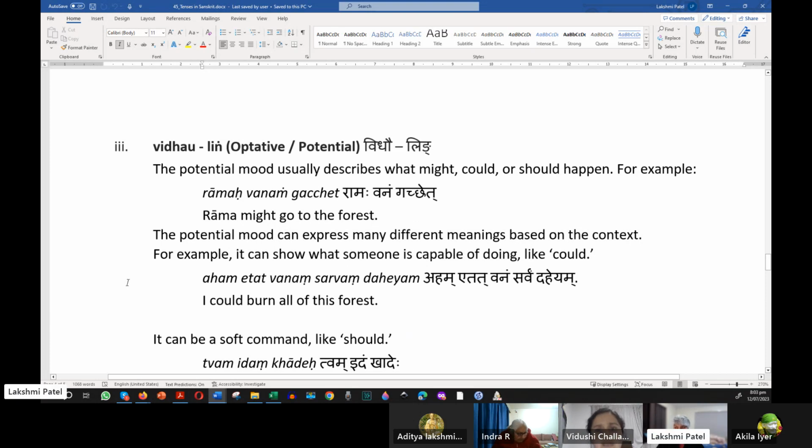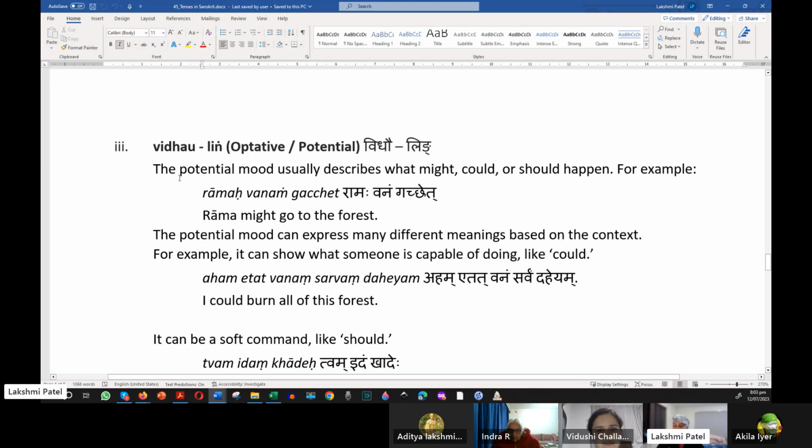Vidhau Ling. So Vidhi. Vidhi is a name for Brahma. Vidhi is also a name for fate. So potentially what might happen? We say, if it's in your Vidhi, it will happen. So Vidhau Ling.